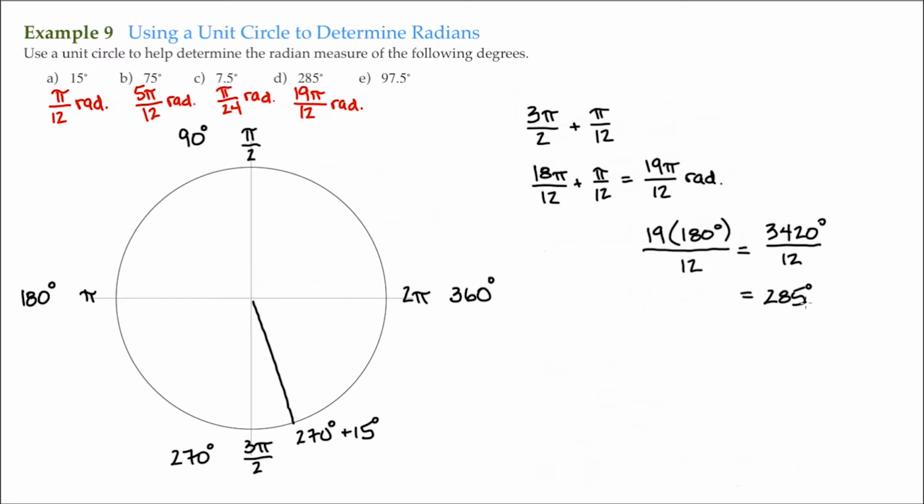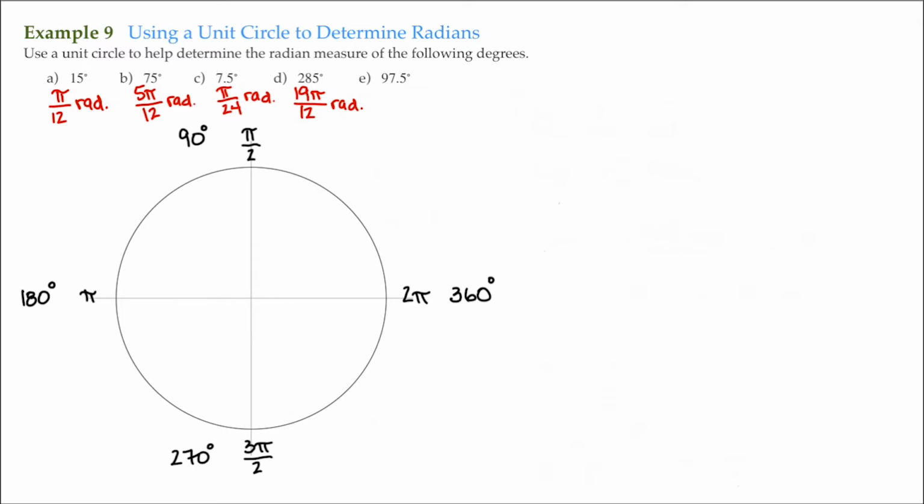And lastly, let's try E. 97.5 degrees. That's 7.5 degrees more than 90 degrees. So you can see that 7.5 degrees right here is pi over 24, and 90 degrees is pi over 2. So I'm going to take pi over 2, that's our 90 degrees, and add that to pi over 24.